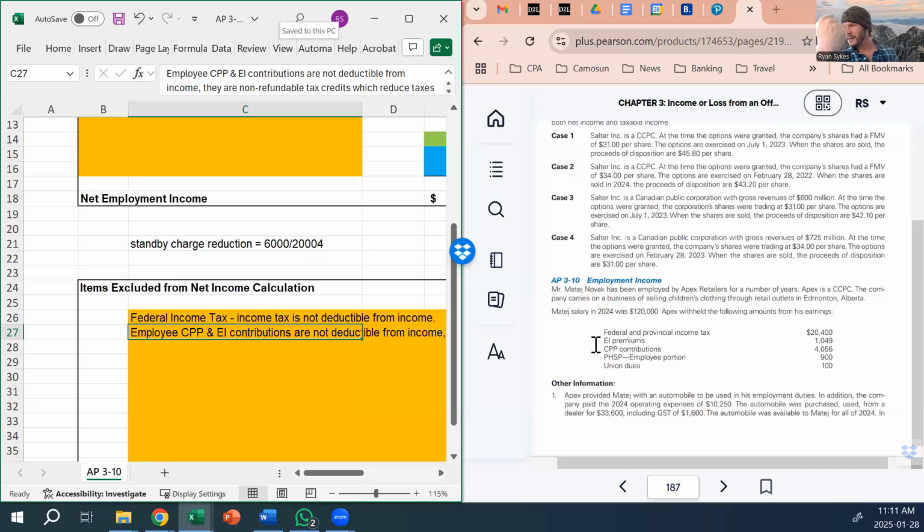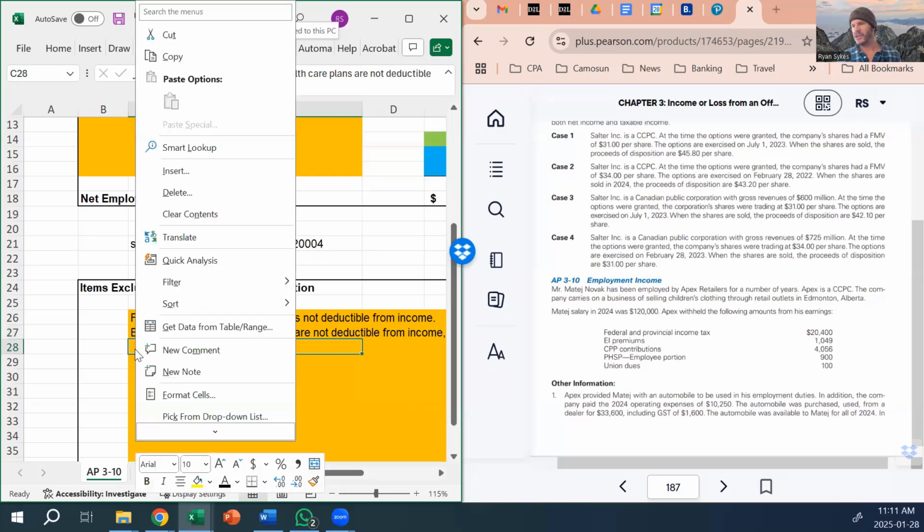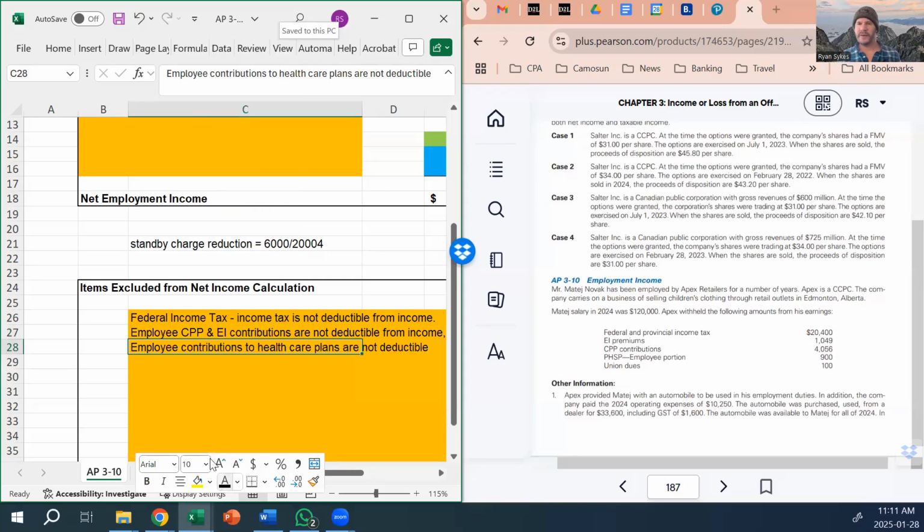In this case, this guy is paying $900 over the course of the year, and you have to ask yourself: is that deductible? This is not a deduction from income. This is just an amount that he has chosen to pay in order to insure himself, and so it's basically considered a personal expenditure, in which case it's not deductible from income. It does provide him with some kind of a benefit, but it's not deductible from income. We'll talk about the employer side of that eventually, right?